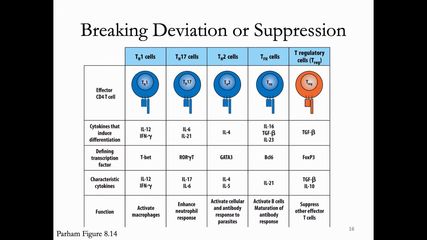The reason why I talk about deviation and suppression together is because deviation and suppression can both be broken in the same way. Both deviation or suppression can be broken by having the wrong cytokines provided to our helper T cells to push them to becoming a bad pathologic type of cell.